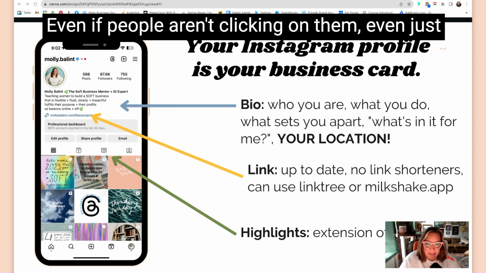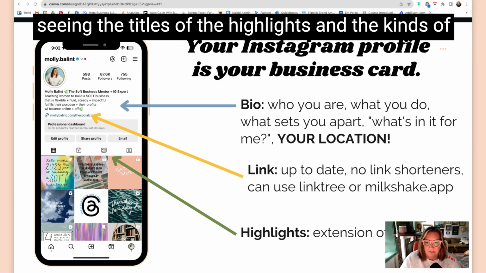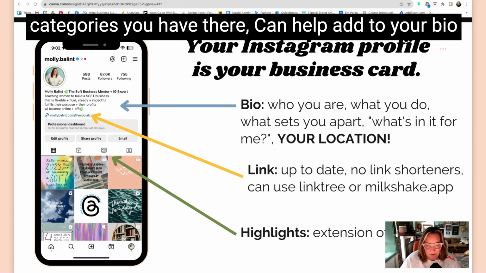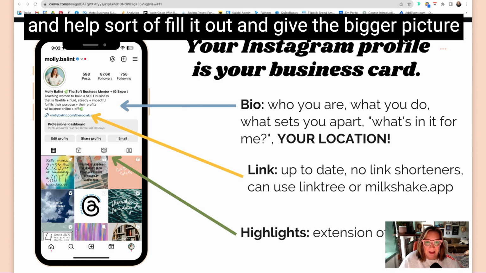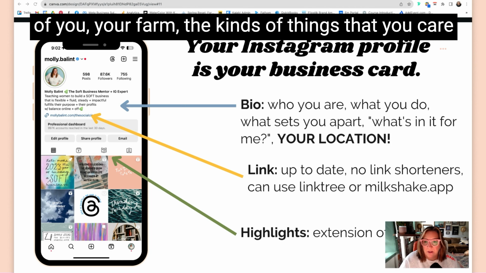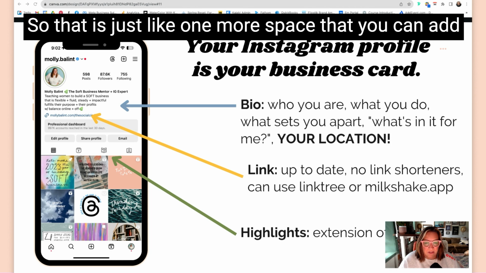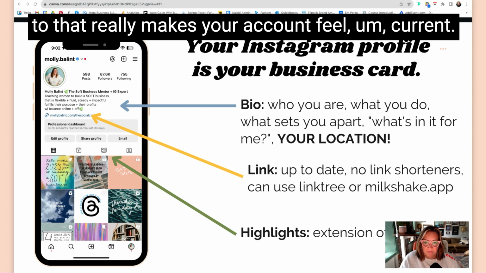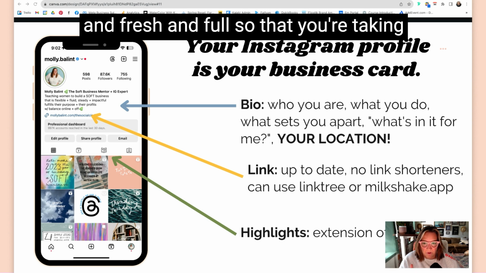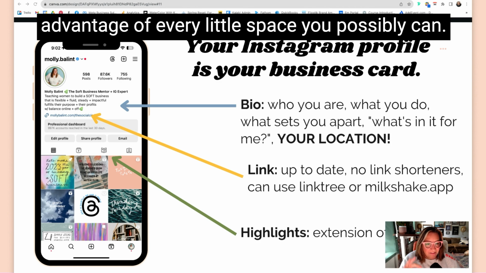Even if people aren't clicking on them, just seeing the titles of the highlights and the categories you have there can help fill out your bio and give the bigger picture of you, your farm, the things that you care about, and the things that you're doing. It's one more space that really makes your account feel current and fresh and full, so that you're taking advantage of every little space you possibly can.